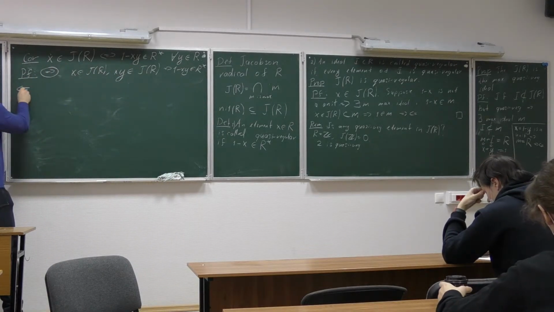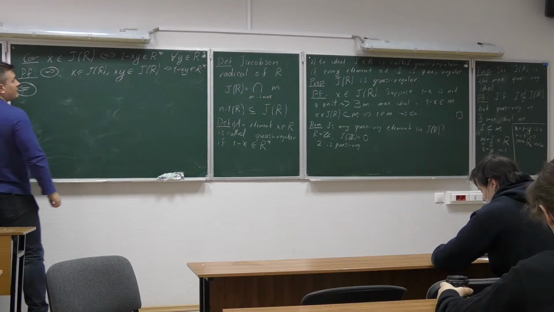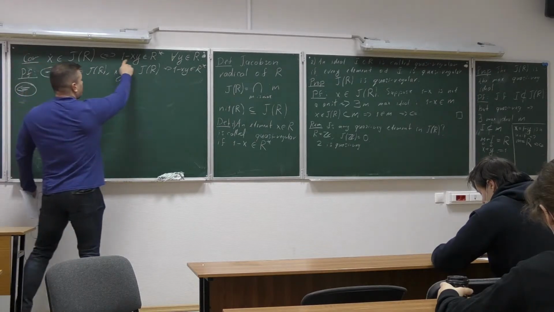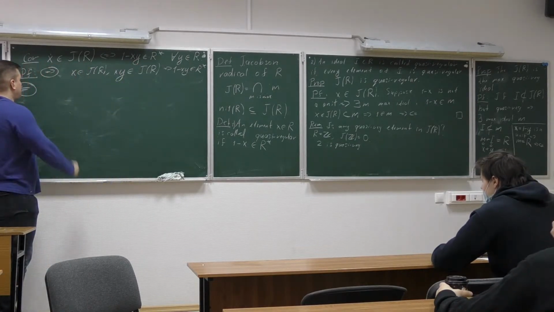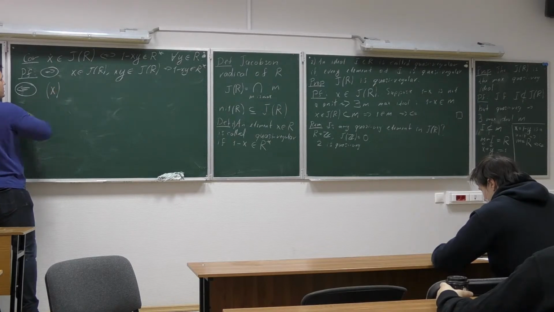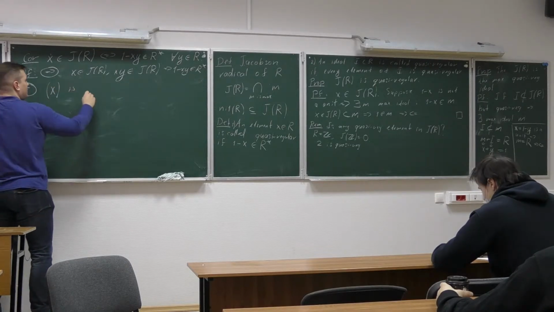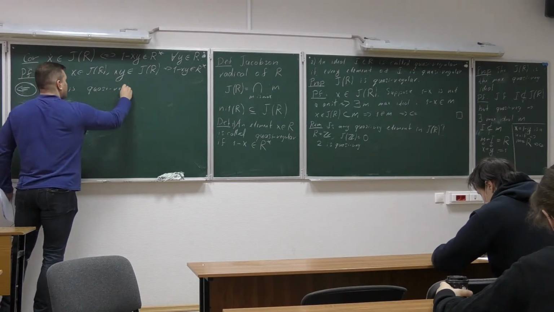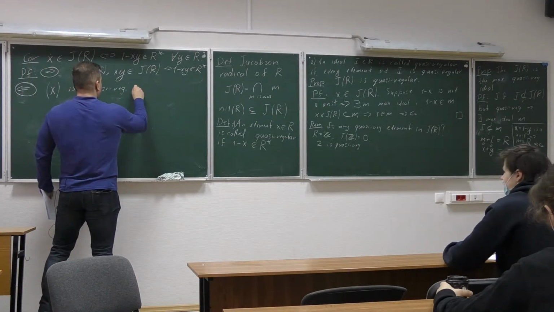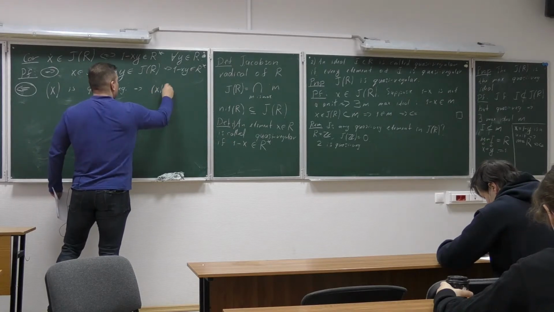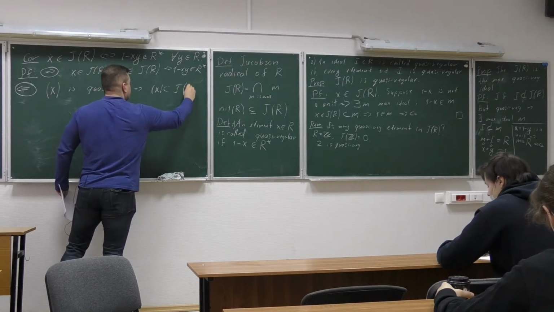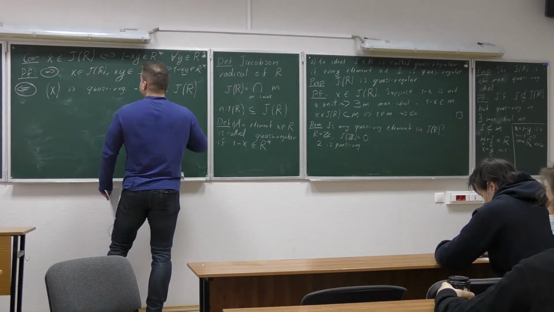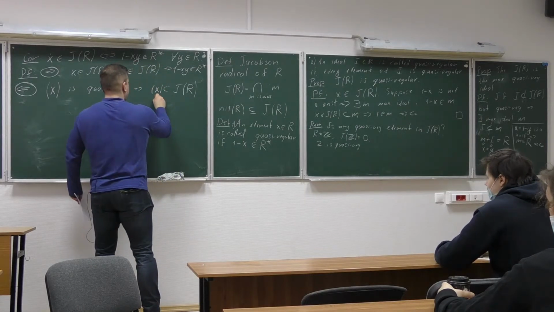And in the other direction, this observation that 1 minus xy is invertible just means that the ideal generated by X is quasi-regular. Hence, it has to be inside the Jacobson radical. And X is an element of this ideal.